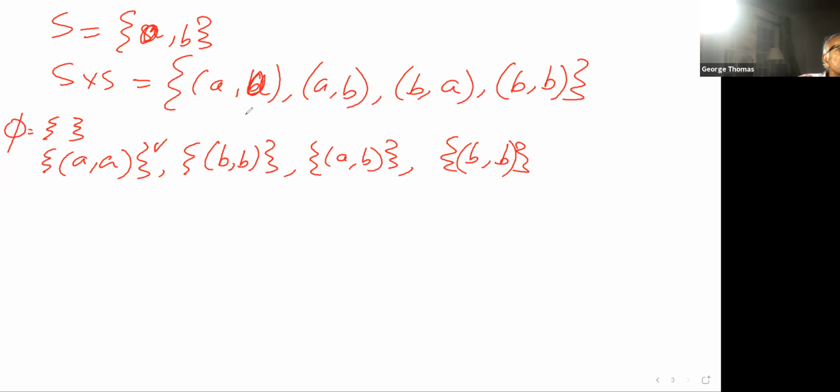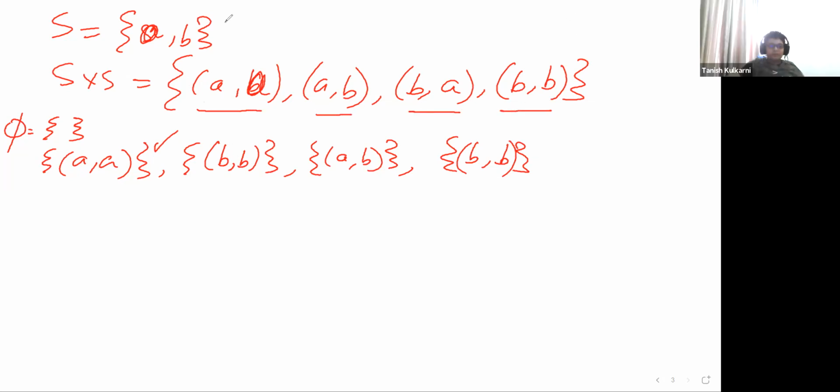Is this a subset of this set? Remember, this set has how many elements? 4. This set has 2 elements. This set has 4 elements.